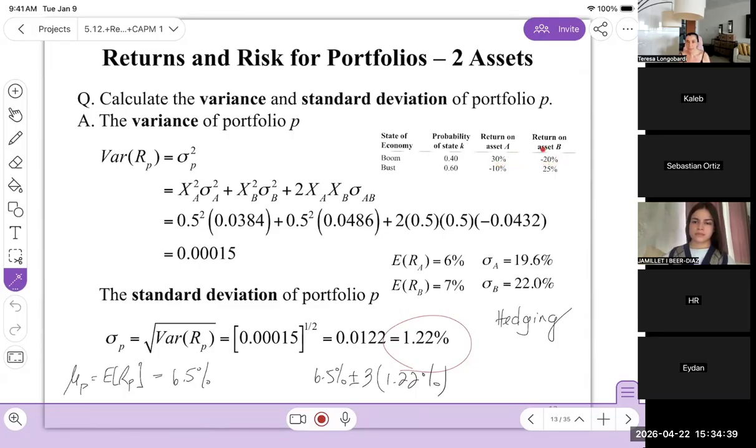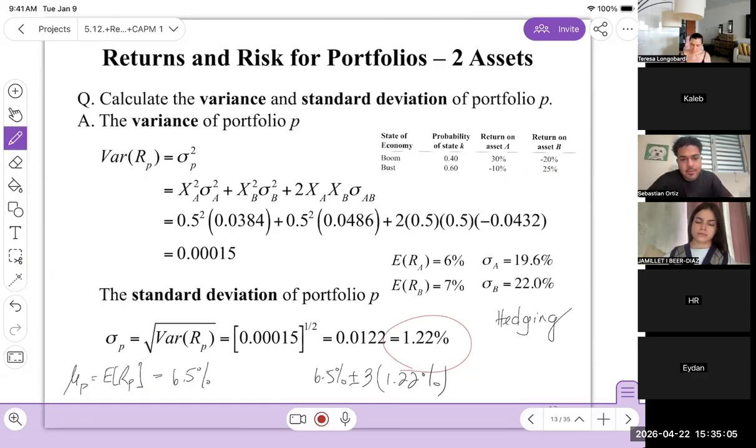You're left with a net better off here. And if you end up in this state of the world and A does poorly, then B compensates. So when all is said and done, your risk measure is 1.22%. So this is an example of diversification.